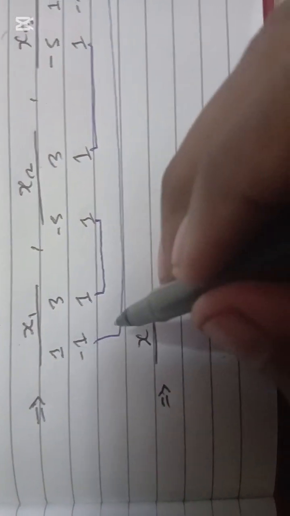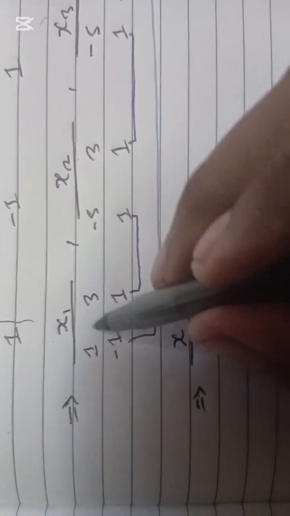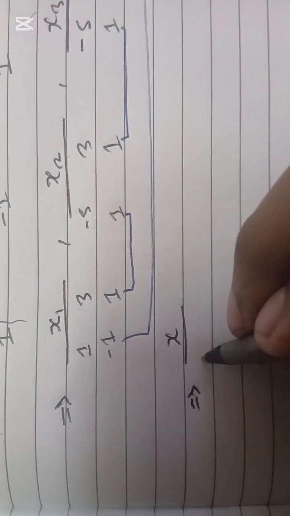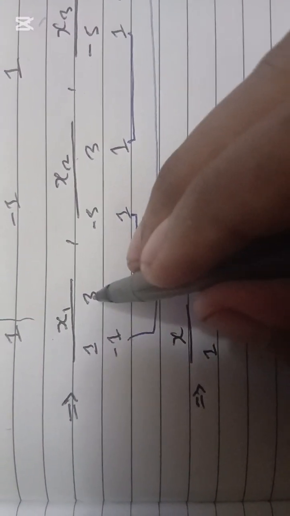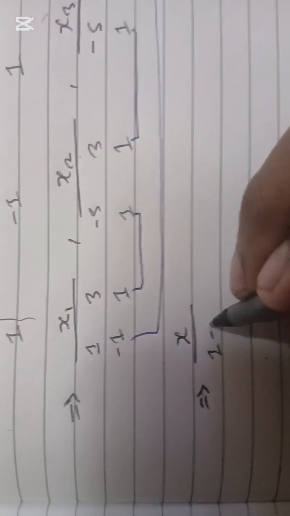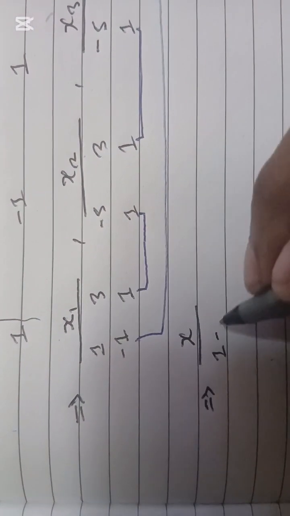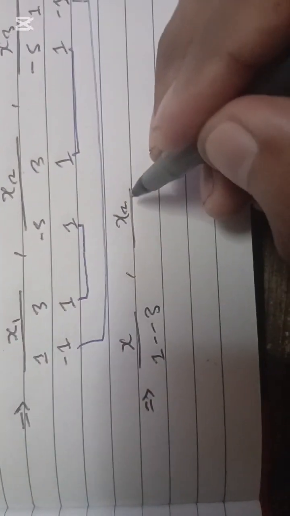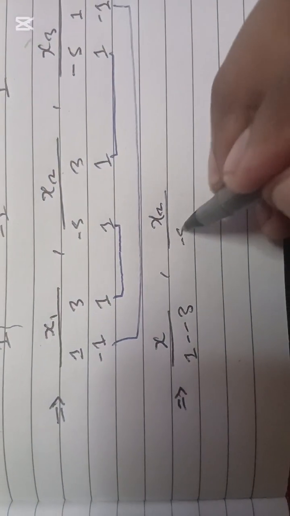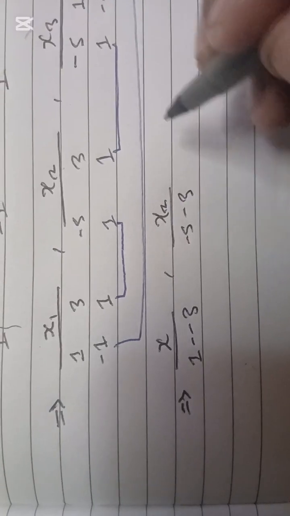We'll do cross multiplication and then take their difference. So 1 times 1 is 1, 1 times 1 is 1, it's minus, times 3 is minus, so it's minus 3. For x2, 5 times 1 is minus 5, 1 times 3 is minus 3.